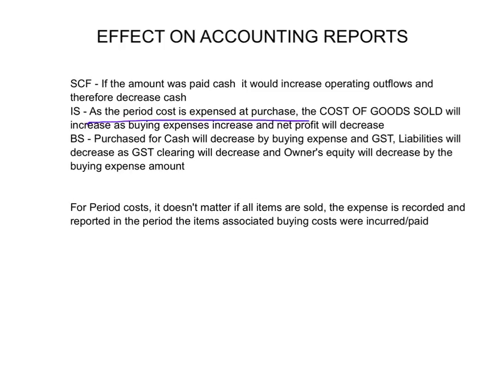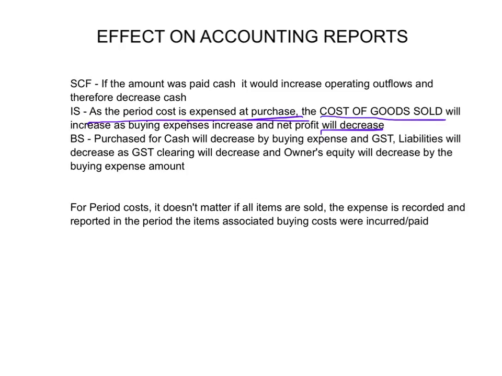It doesn't matter if I sell none or I sell 10 or I sell 3. If I have it as a period cost, then it is expensed when I've bought it and it goes under the cost of goods sold section. What that does is increases my cost of goods sold, decreases my gross profit, therefore decreases my net profit.